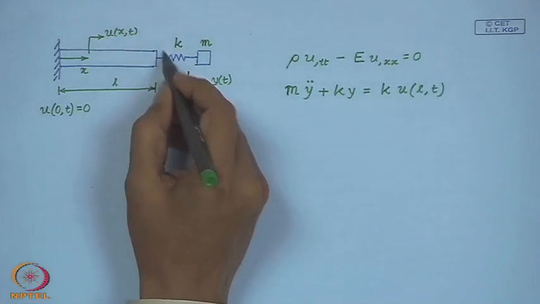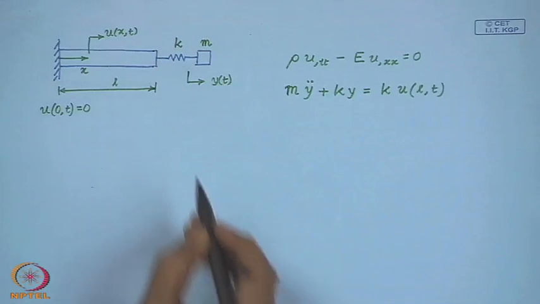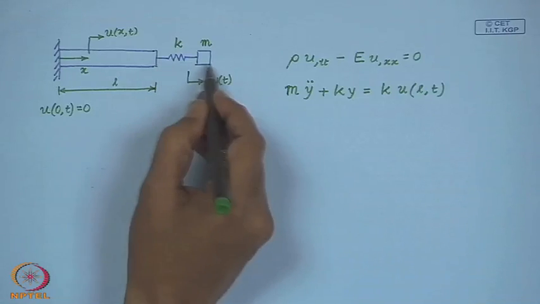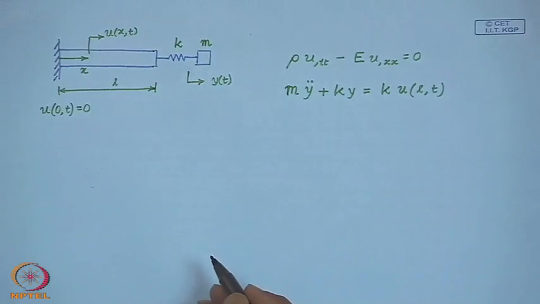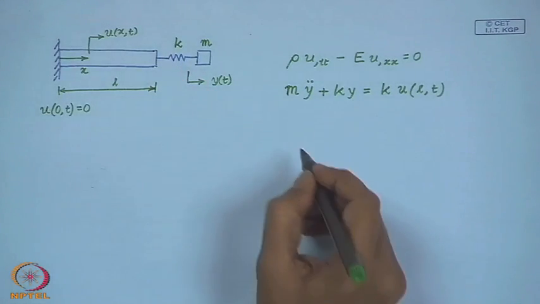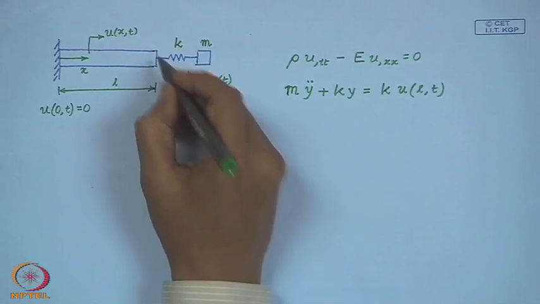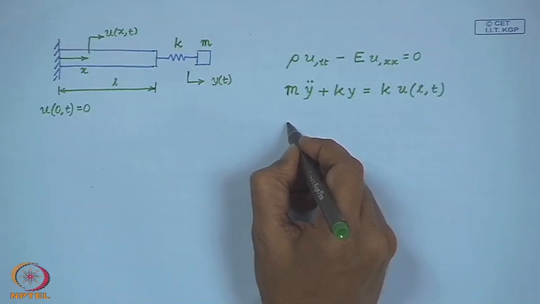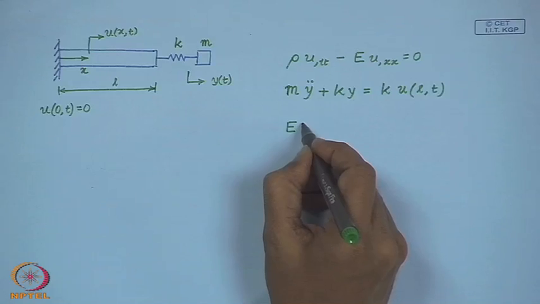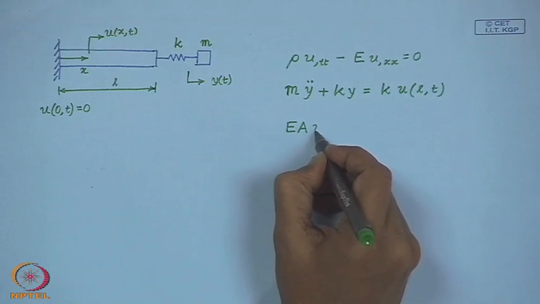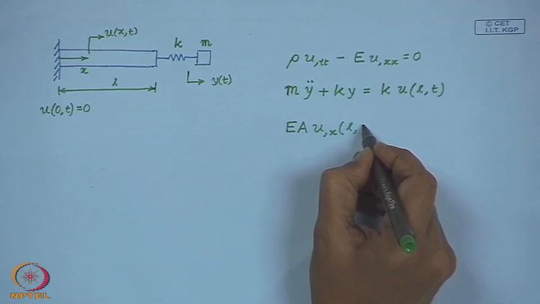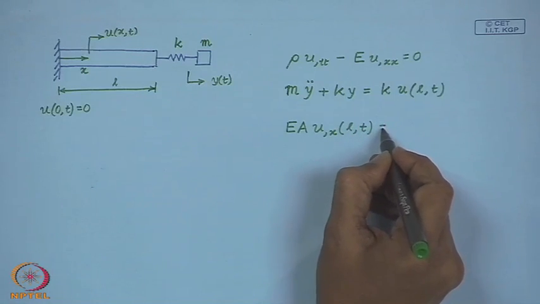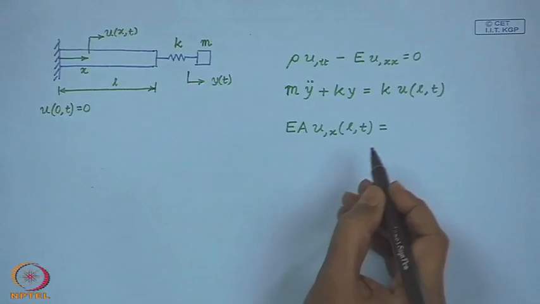On the other hand, at this end of the bar where this oscillator is attached, we can expect an interaction force from the oscillator. So, we have already written the force on any cross section as E times area del u del x at x equal to L at time t. So, that is the force.